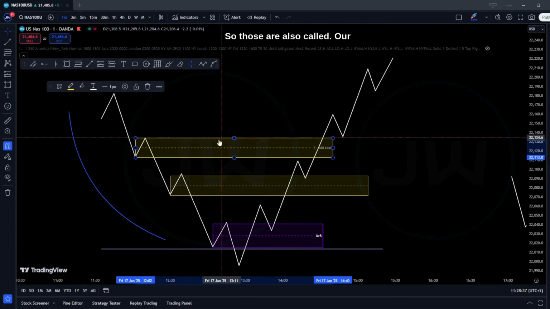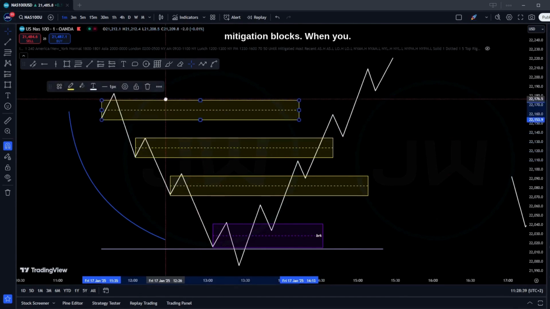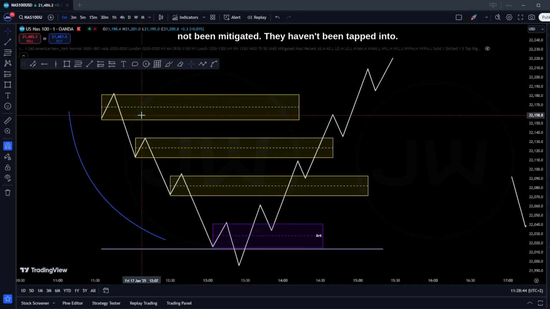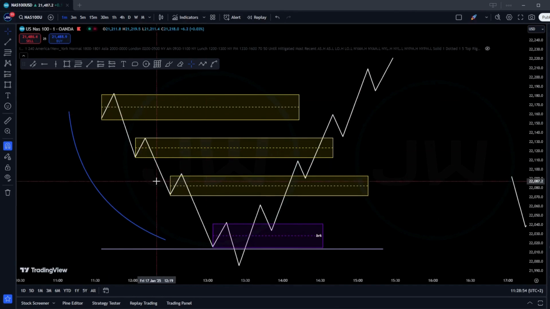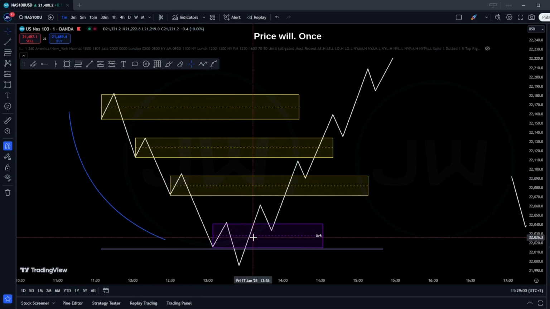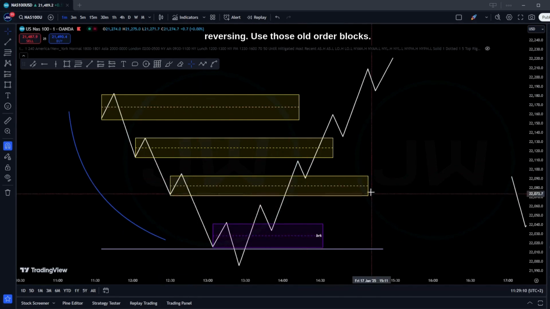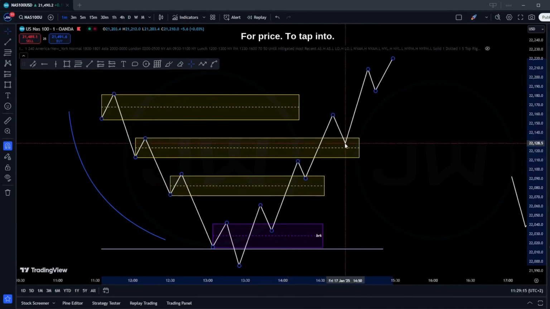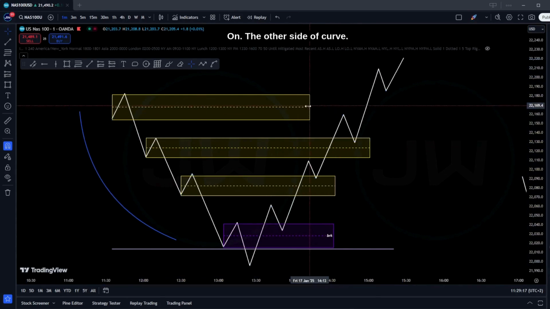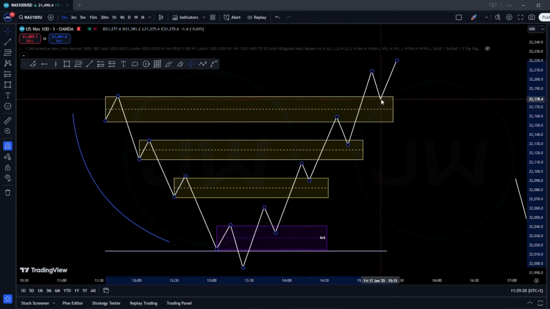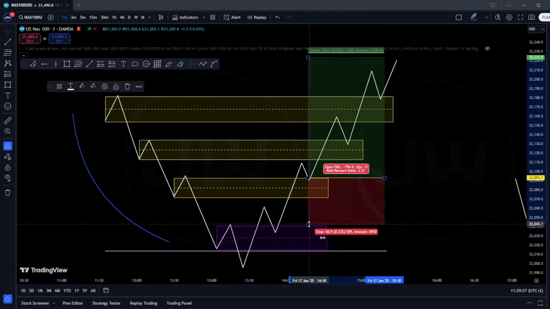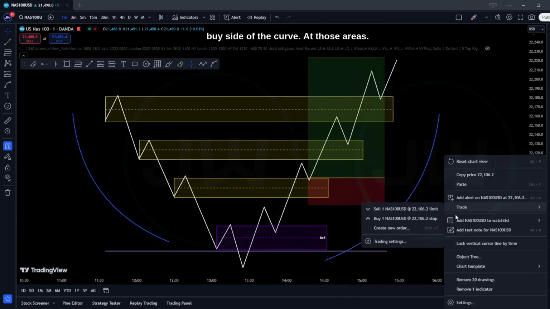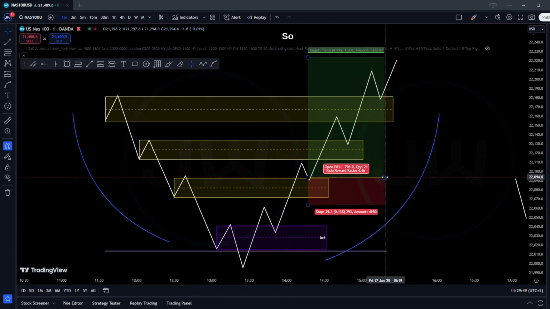So those are also called our mitigation blocks. When you find these old order blocks that have not been mitigated, haven't been tapped into, price will, once reversing, use those old order blocks as areas of interest for price to tap into on the other side of the curve. So you would enter or expect price to retrace on the buy side of the curve at those areas.